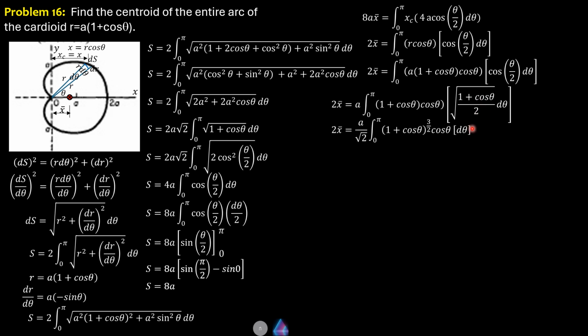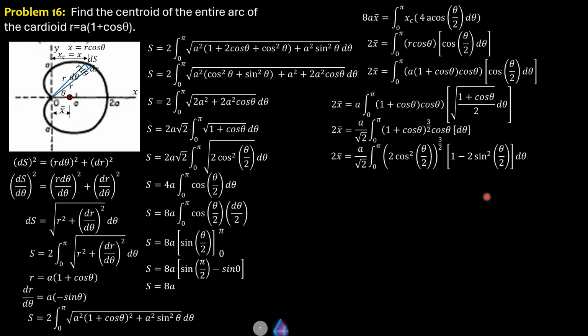So therefore, cosine theta is 1 minus 2 sine square theta over 2. So again, we replace this by quantity 2 cosine square theta over 2, while this one is 1 minus 2 sine square theta over 2. So 2 x bar equals a over square root of 2 integral from 0 to pi of 2 cosine square theta over 2 quantity raised to 3 halves, then quantity 1 minus 2 sine square theta over 2 d theta.